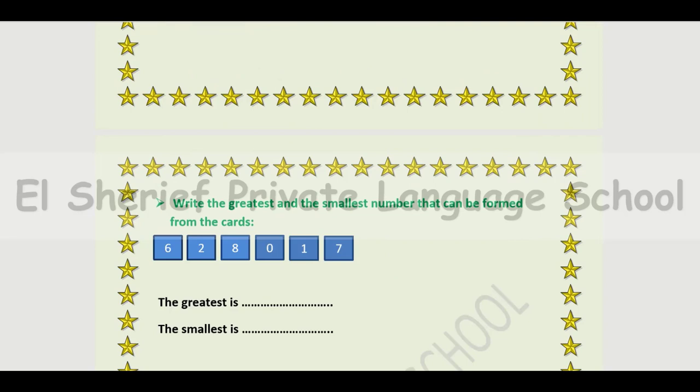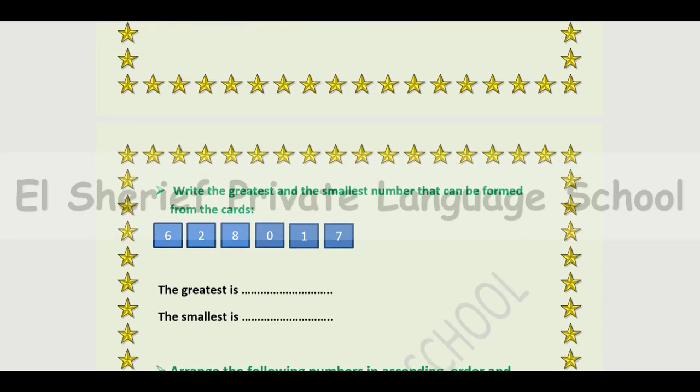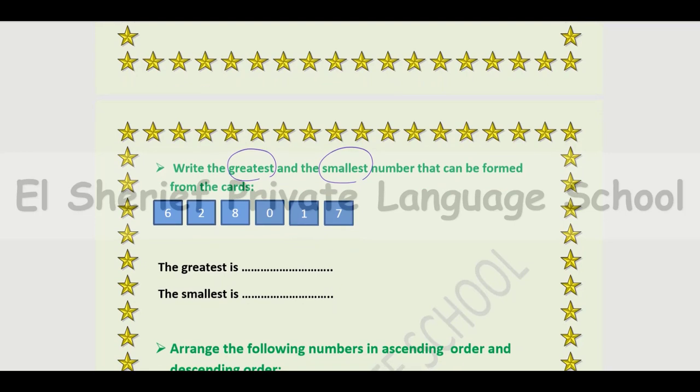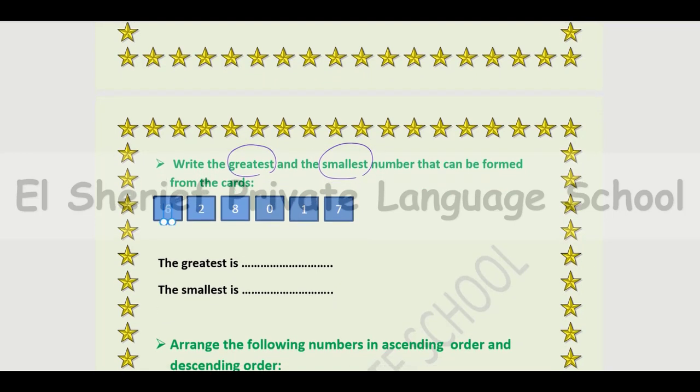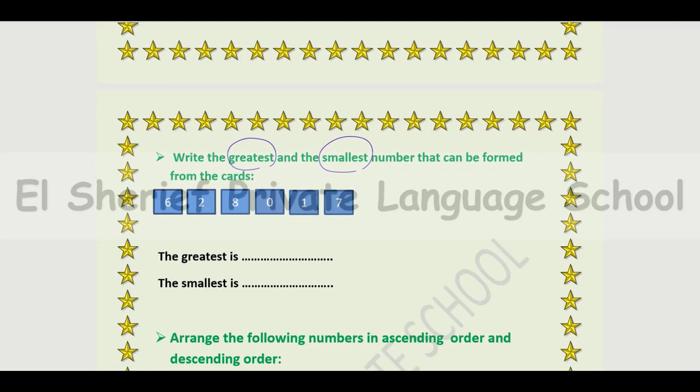Now we go to the last exercise in our lesson. He asked me to write the greatest and the smallest number that can be formed from the cards. I have 6 cards, 6, 2, 8, 0, 1 and 7. At first he asked me to write the greatest.